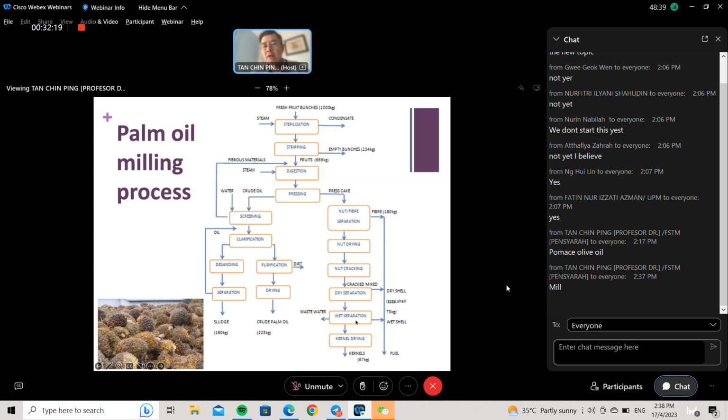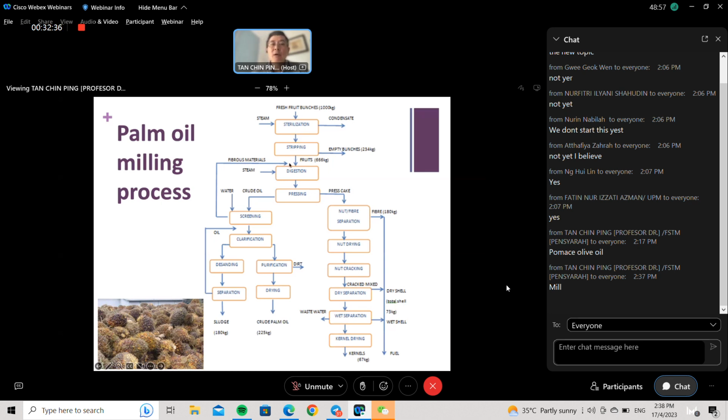So mills are never close to a port, because their raw material is palm fruits, just like the arrow that I show you now. Therefore, it is all closer to the plantation site.